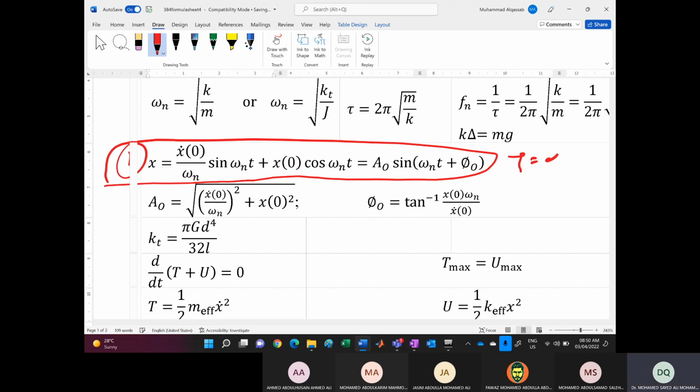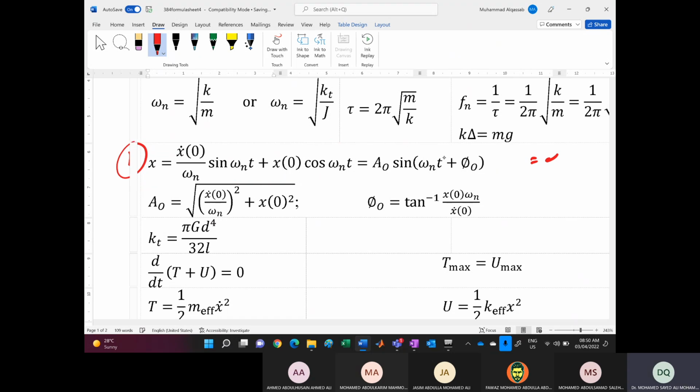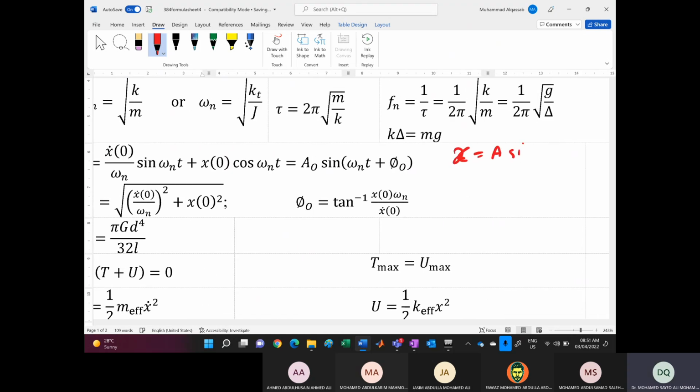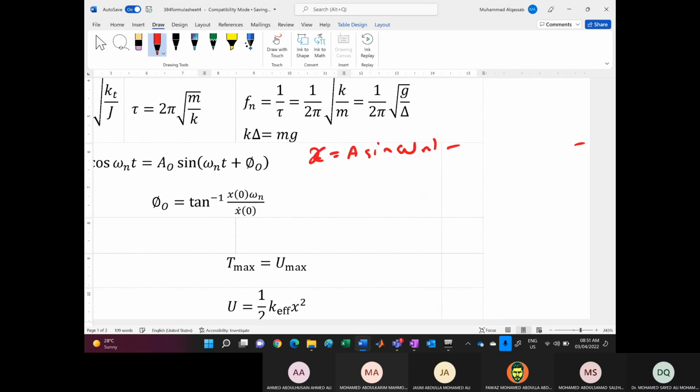But this is not the one we should use for chapter 3, because for the homogeneous solution we should keep the constants: x equal to A sine omega n t plus B cosine omega n t. This is the homogeneous solution without finding A and B, because A and B are found from the total solution, not from the homogeneous solution alone.